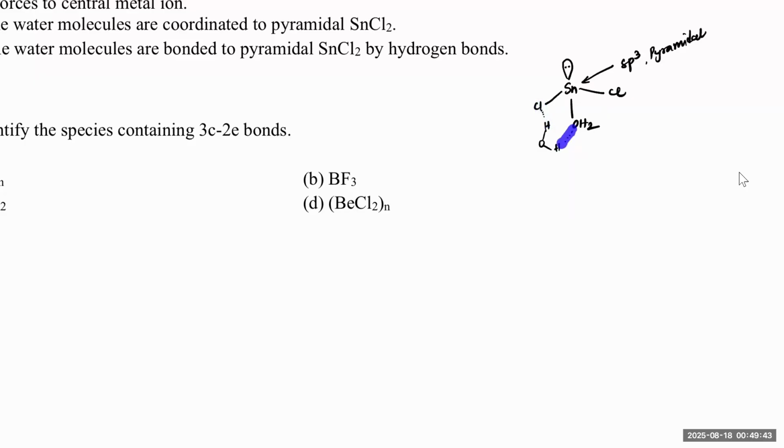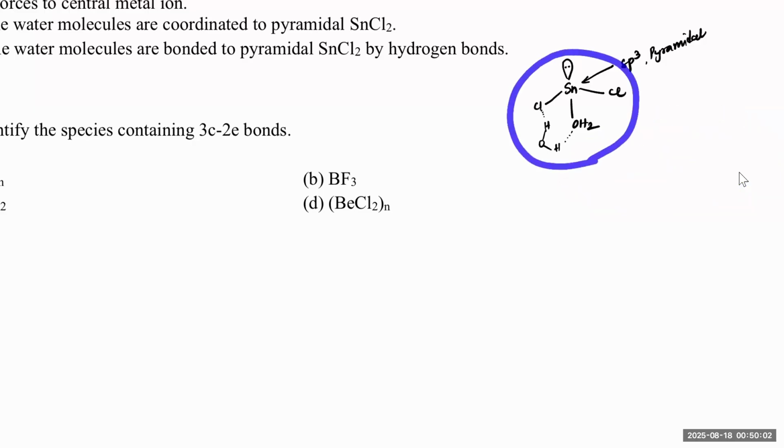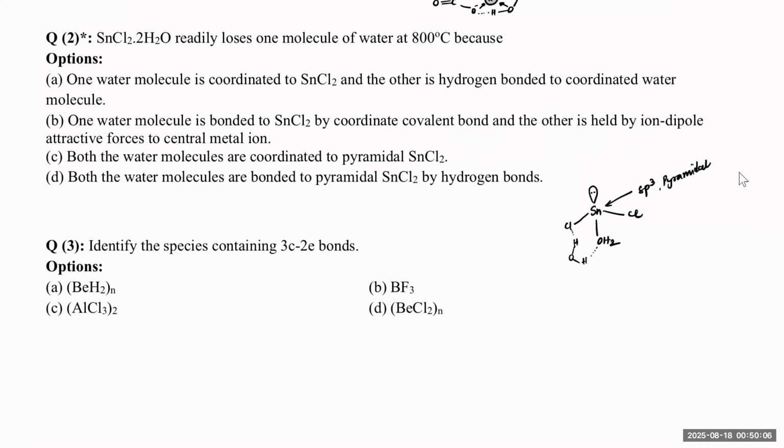We have one hydrogen bond, which you have here with this oxygen. Clear, everybody? So that's how this can be isolated. When you crystallize, this molecule can be isolated. So it appears as if you have SnCl2 dot 2H2O, but in fact, if you see the structure, this is how it appears. So which one is more appropriate here? I think the first one.